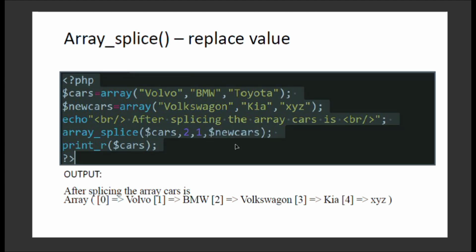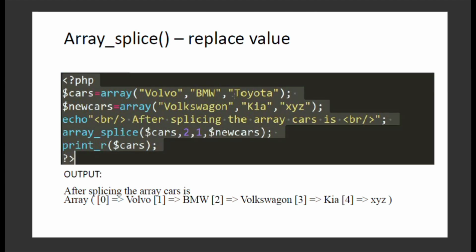Here you can see new cars that we want to replace the second index element with. When we print it, you can see Volvo and BMW are printing, and after that our second index element, that is Toyota, has been replaced with our new cars array.